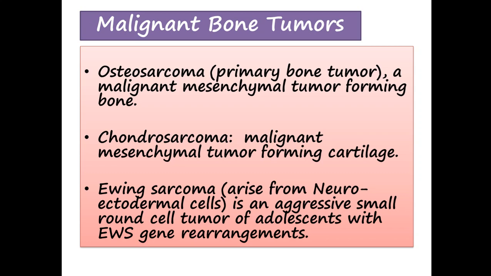So osteosarcoma is a malignant mesenchymal tumor. It is formed of contents of mesenchymal origin, and this malignant mesenchymal tumor arises from the pleomorphic osteoblasts.